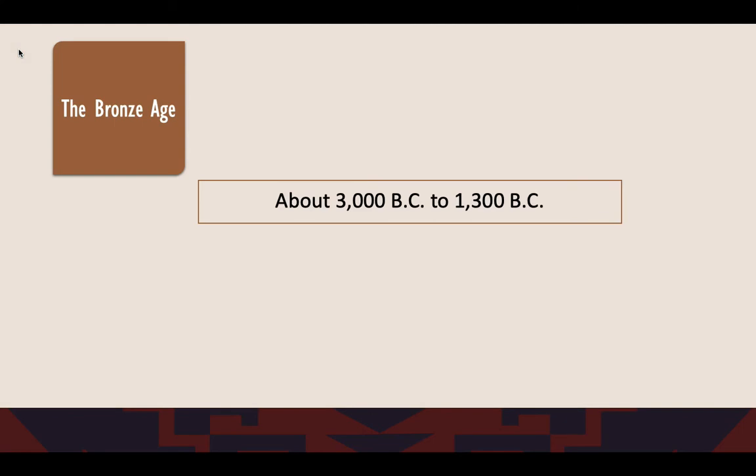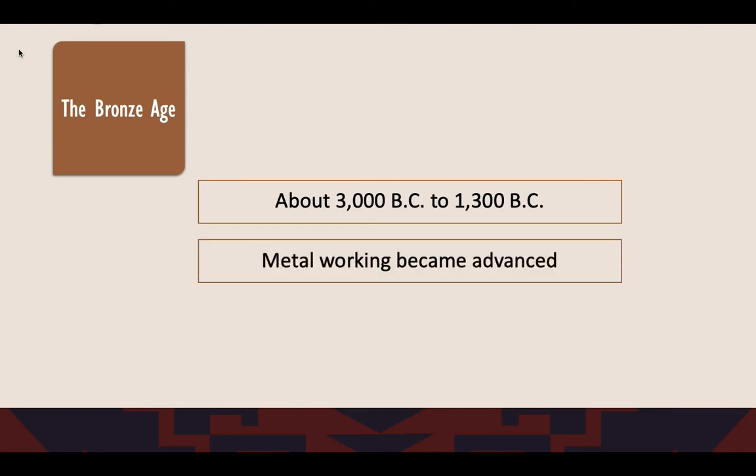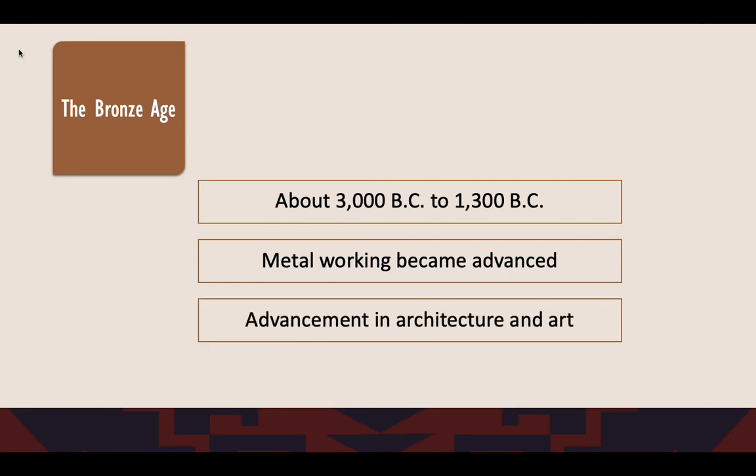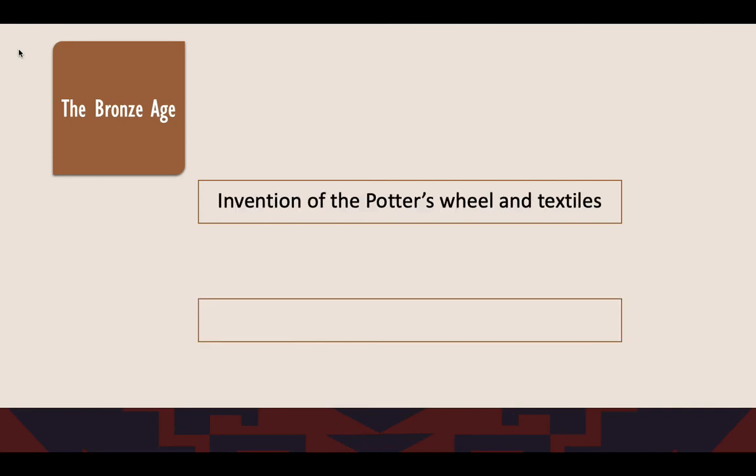The Bronze Age was a period from about 3000 BC to 1300 BC. During this era, bronze, copper, and tin were discovered, hence metalworking became advanced. There was an advancement in architecture and art, including the invention of the potter's wheel, and textiles such as clothing consisted of mostly wool items such as skirts, kilts, tunics, and cloaks.